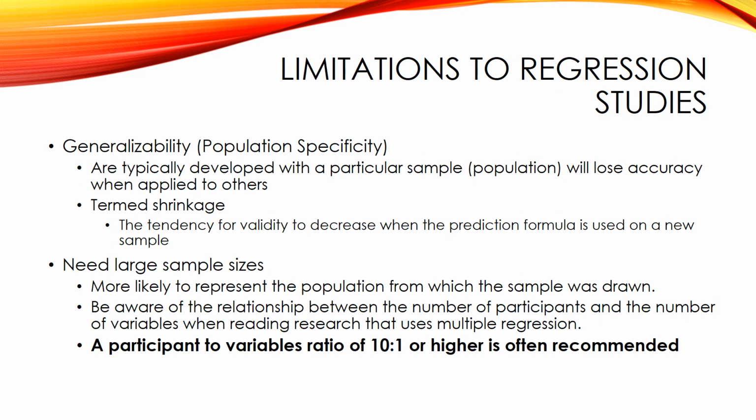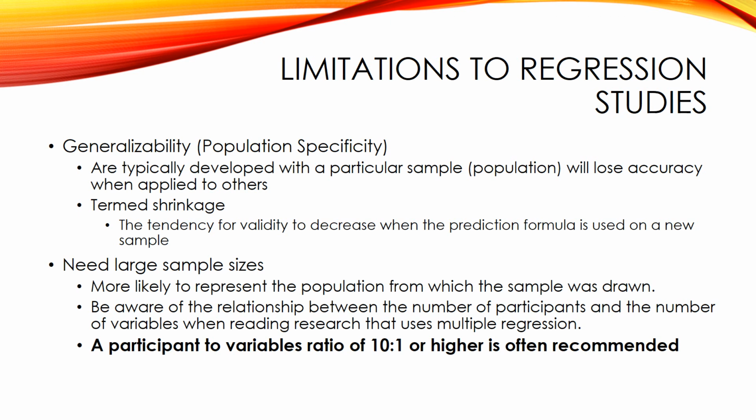Limitations to regression studies are its generalizability. So they are population specific. If you have a very strong multiple regression, all right, and it's used to predict a certain population, as soon as you try to take that regression or multiple regression model to another population, it really loses its accuracy.